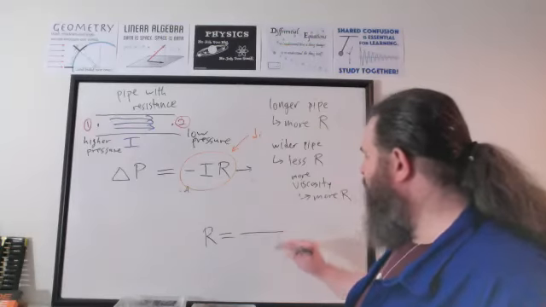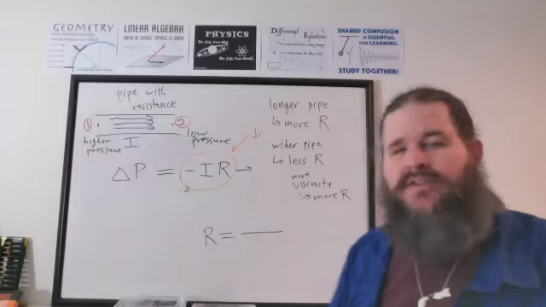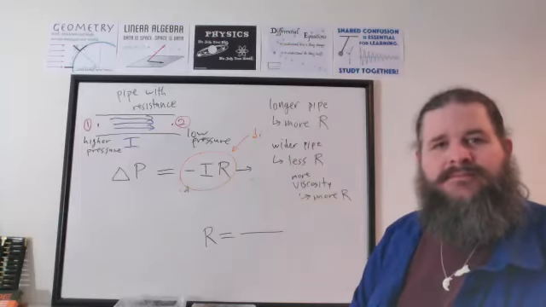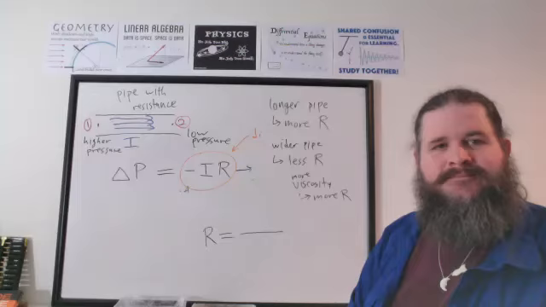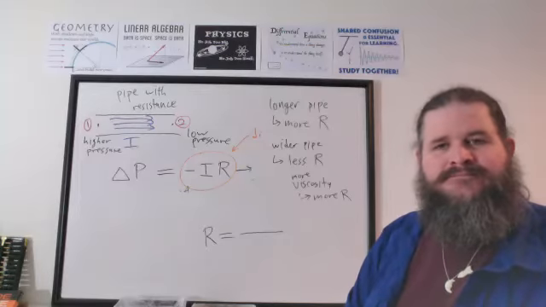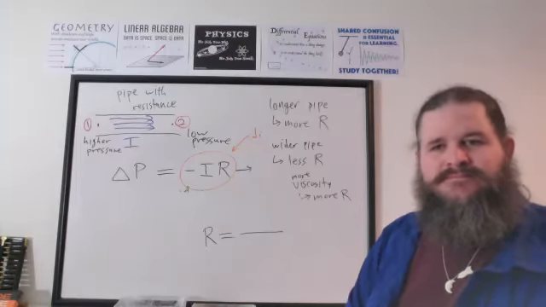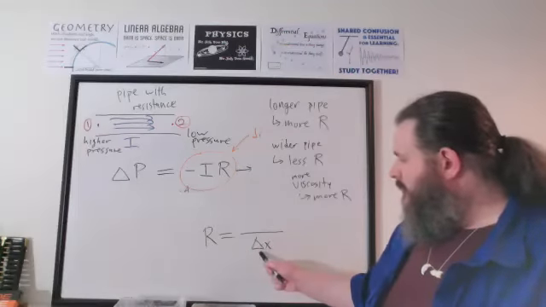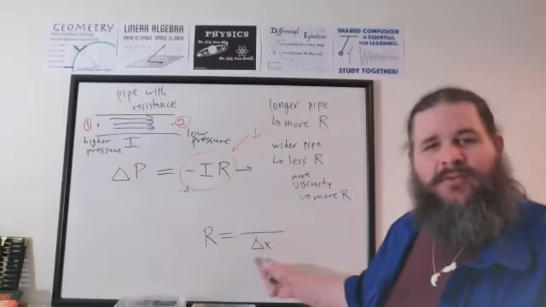So if we were to set up a fraction as a formula for resistance, should length go in the numerator or denominator? Denominator? If it's in the denominator, would longer length mean less resistance or more resistance?